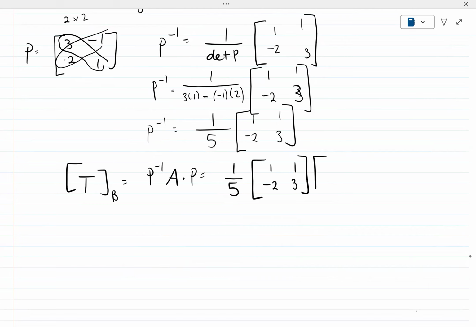And then this is going to be multiplied by A, which was given: -1, -2, 4, and 3. That was given. And then times P, which was the vectors B1, B2, so that would be 3, 2, -1, and 1. You can leave it like this, or you could put this all in a calculator, but this is your final answer.